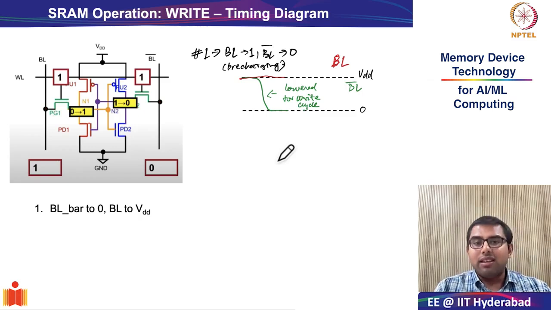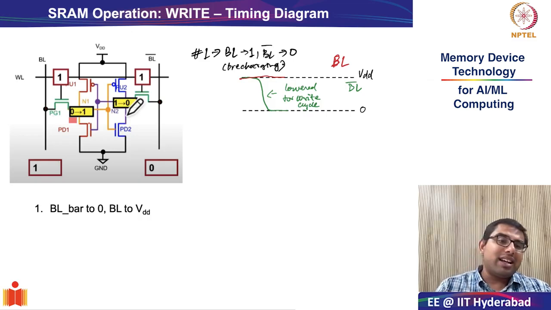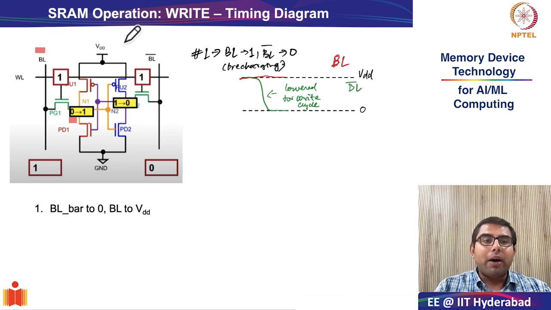So for studying the write timing diagrams, we will again consider the example where the left hand side of the branch has a value of 0 stored in, and you would want to flip it to 1, and the right hand side of the branch has 1 and you would want to flip it to 0. As a result, you are pre-charging bitline and bitline bar appropriately into the values that you would want the internal storage nodes to flip to.